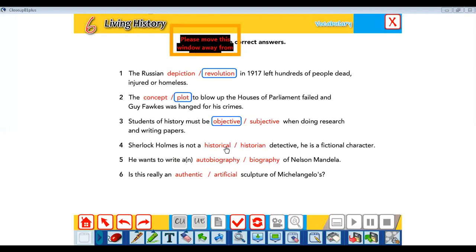Yes, it will be historical detective, because here detective is a noun, and for this noun we need an adjective. Number five, he wants to write autobiography or biography of Nelson Mandela. Rudaina Salah, yes, Rudaina. It will be biography. Biography, very good.